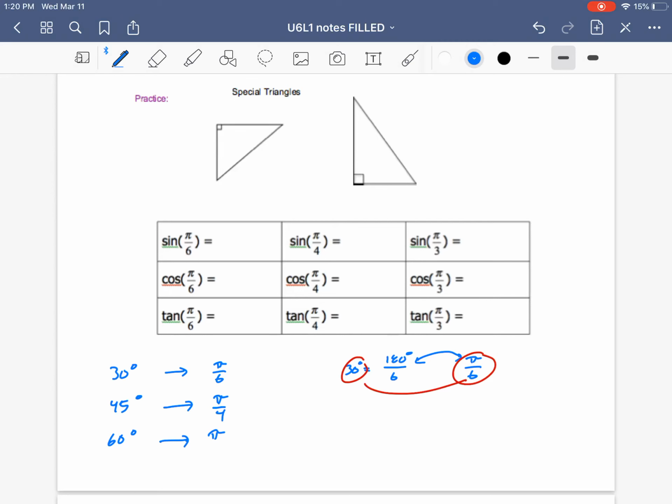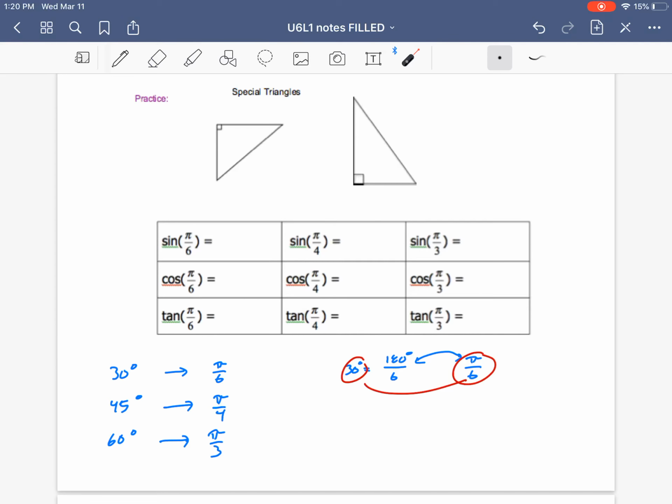And 60 degrees, that's the same as pi over 3 radians. Okay, so ideally, we want you guys thinking in terms of these and these sort of at the same level. But if you have to convert at first, that's no problem. Okay, so we'll fill these in.